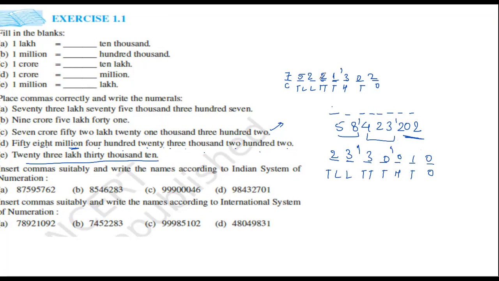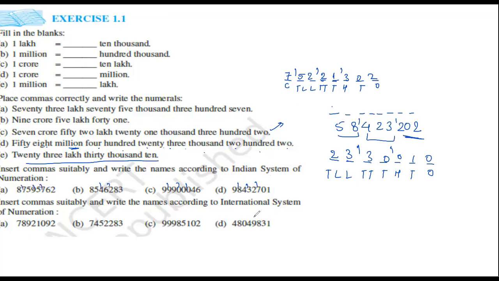This is our Indian system. This is also Indian system. Put it in this way. Okay. Insert the commas. If it is the Indian system, we know it is like this: first 3 digits, then 2 digits, then 2 digits, then 2 digits.